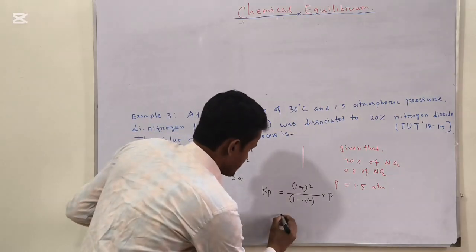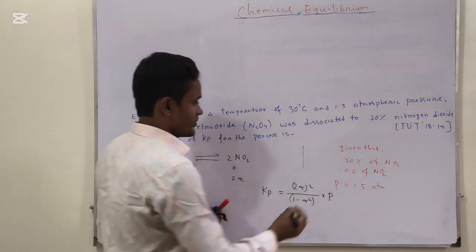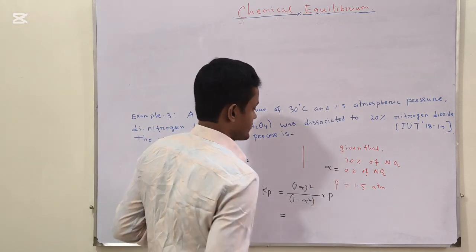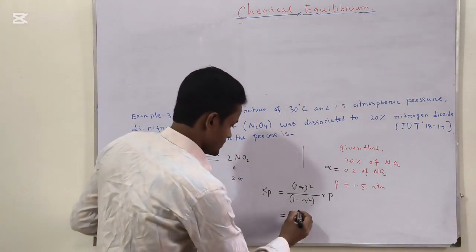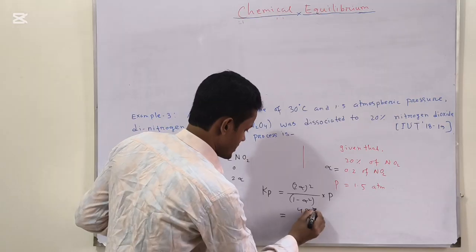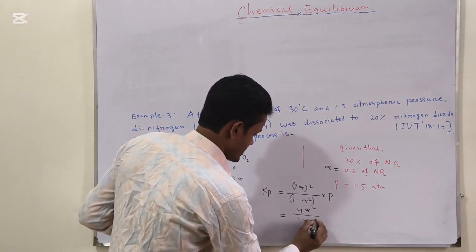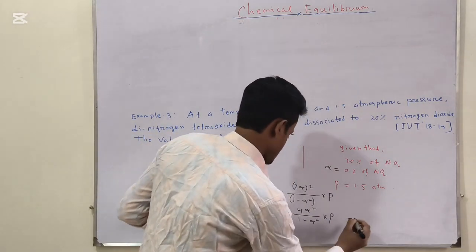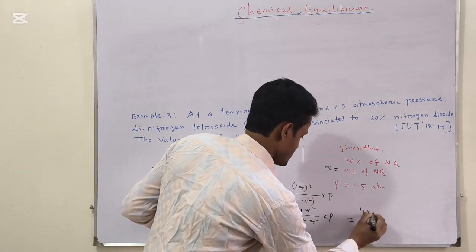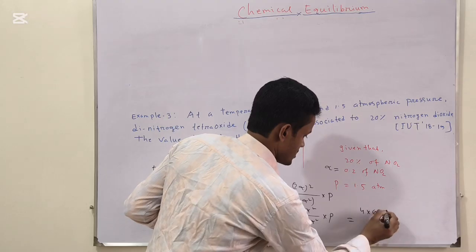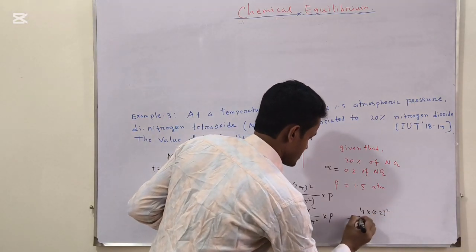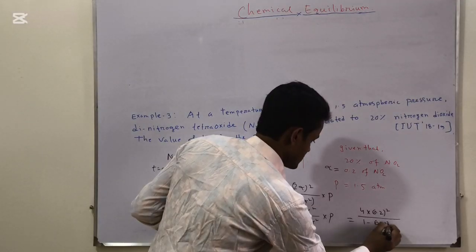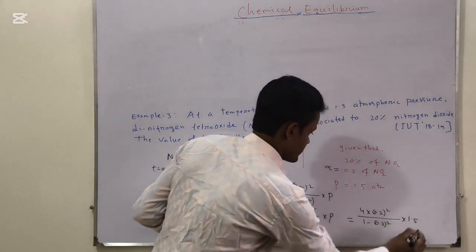So put the value of alpha, 0.2: 4 alpha square over 1 minus alpha square into P. We can write 4 into 0.2 whole square divided by 1 minus 0.2 whole square into 1.5.